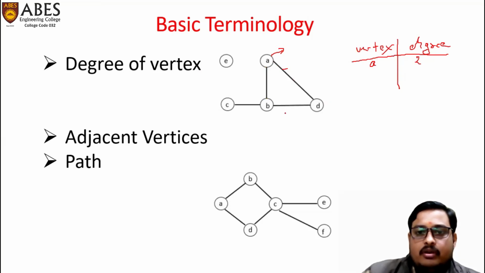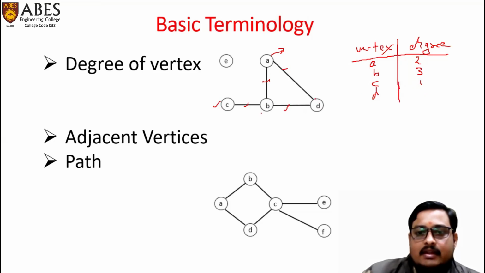If we talk about B, there are three edges connected to B. So degree of B is 3. If we talk about C, so the degree of C is what? 1, because it is connected with one vertex. If we talk about D, so D is connected with two vertices.